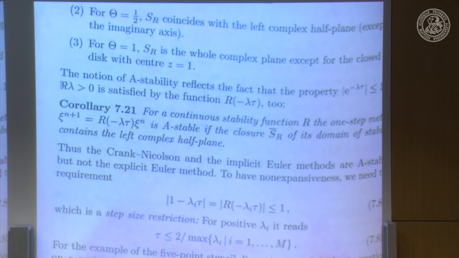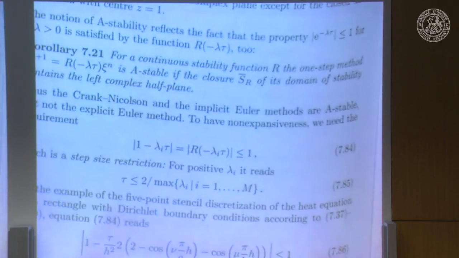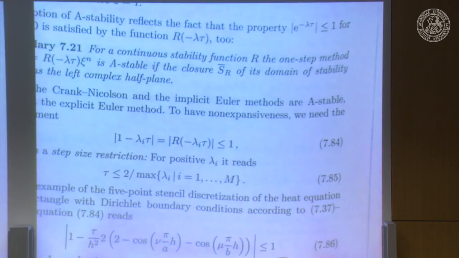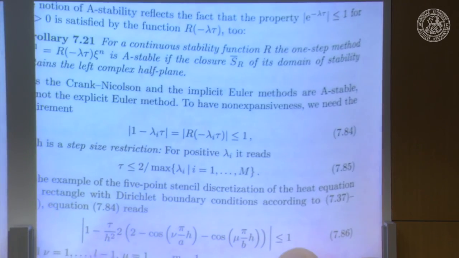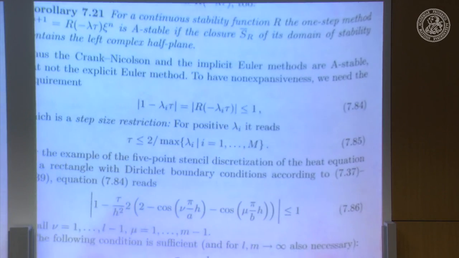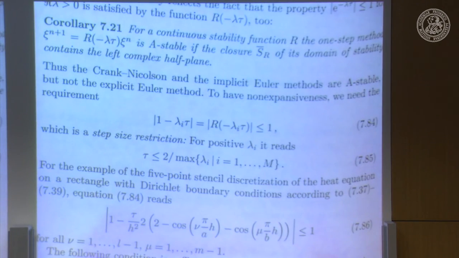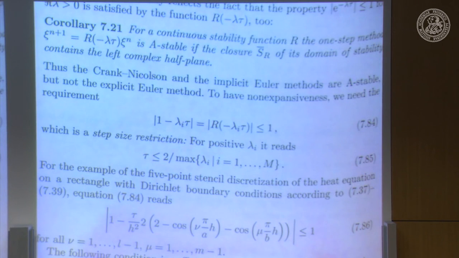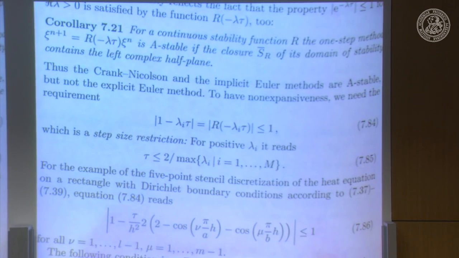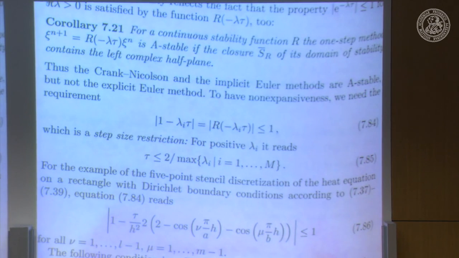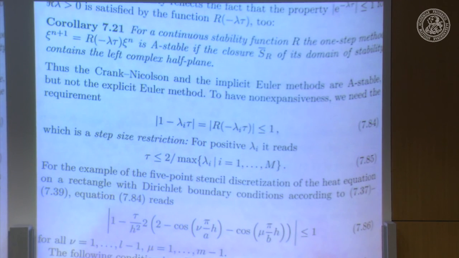Let's see what we have now seen. The first thing is, of course, a very simple corollary. We can say we have A-stability if the closure of the domain of stability contains the left half of the complex plane.